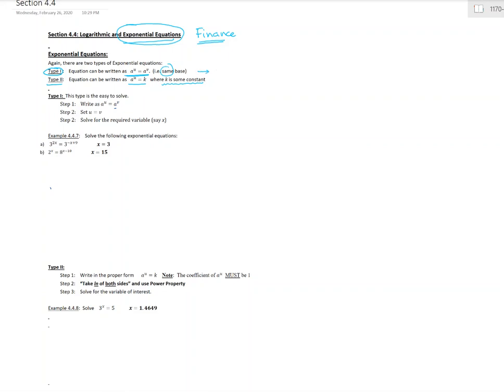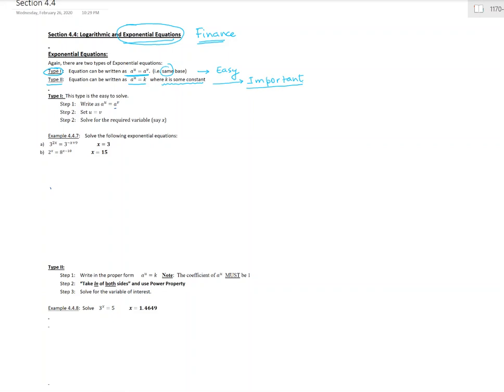Type 1 are quite easy to solve, and we'll see them in a second. Type 2 are slightly more involved, but they are far more important. So let's look at each one. So type 1.